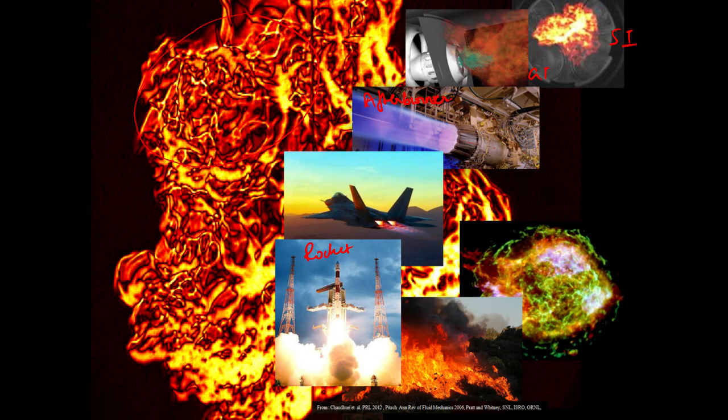You have a fuel that is undergoing reactions, then you release energy, and that releases heat, and all this happens in a very complex turbulent flow. So at this moment we are not prepared to understand how exactly combustion happens in aero engines. We have to take a step back and understand the very fundamentals of combustion.